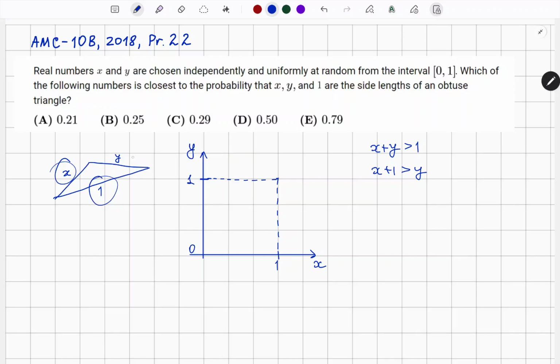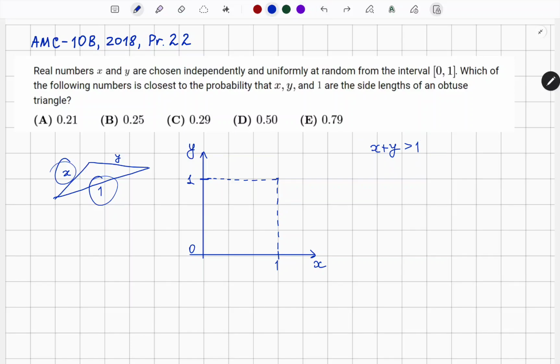Those are true because y is just a number from 0 to 1. Of course, 1 is bigger than that number. Of course, bigger than or equal to, but who cares about these particular cases when we're talking about continuous distributions. So we consider only the case where x plus y is bigger than 1.